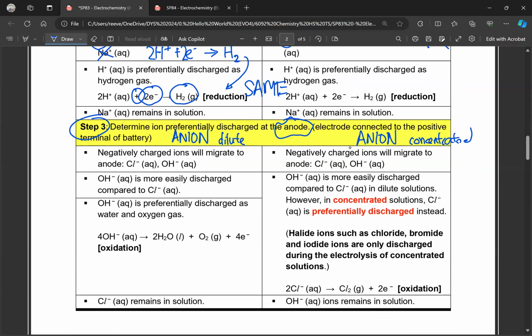Since we are looking at the anion, the concentration will come into the story. Before that, you must understand there are two anions. For the dilute one, the one that is discharged is OH-. This one will not. Why?